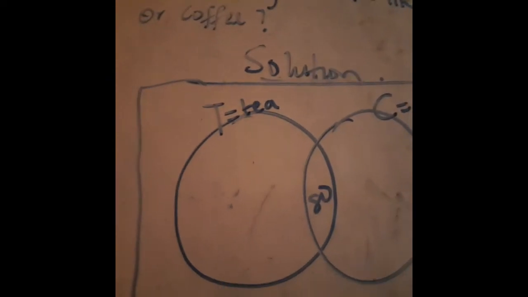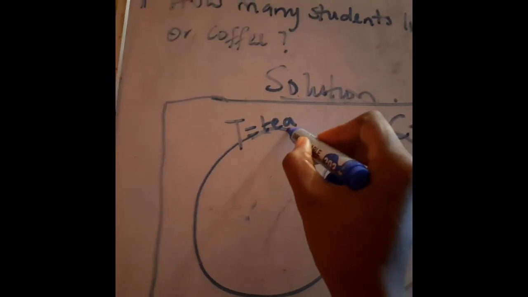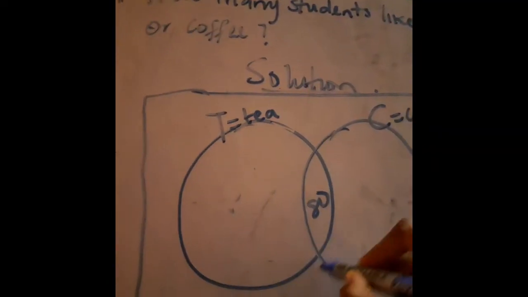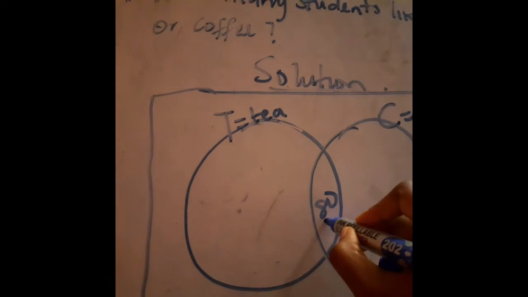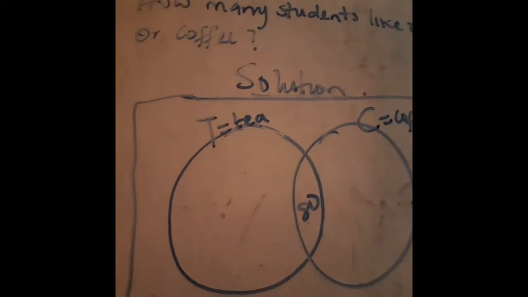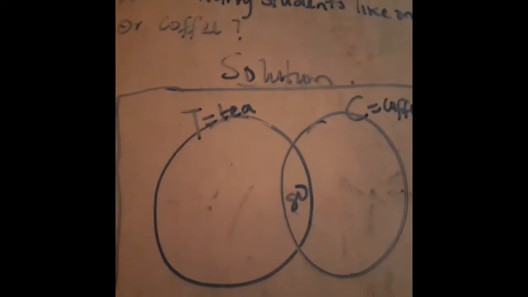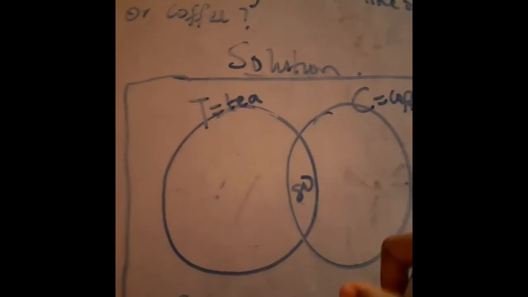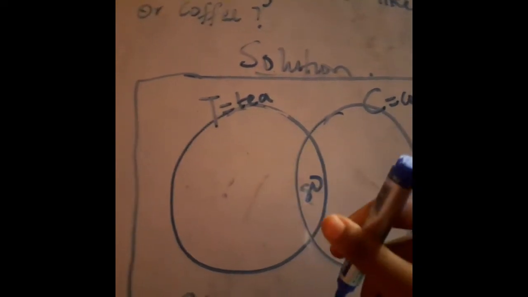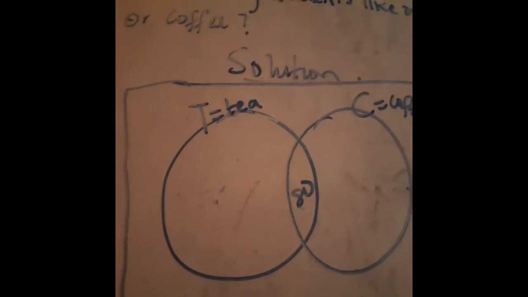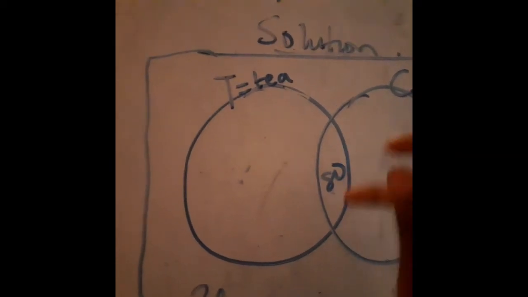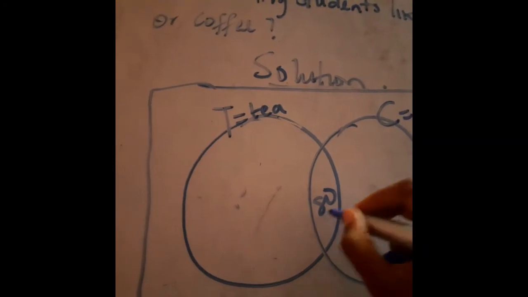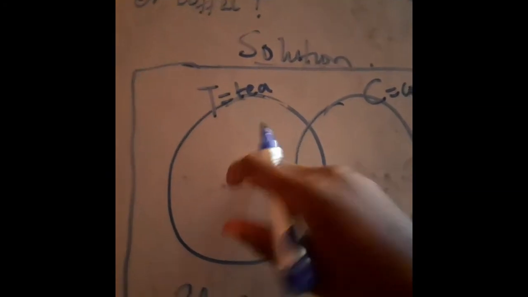The 140 that like tea includes this 80 that like both. So for us to get those that like tea only, we take 140, which is those that like tea, minus the intersection, which is 80. It will give us what we have here.